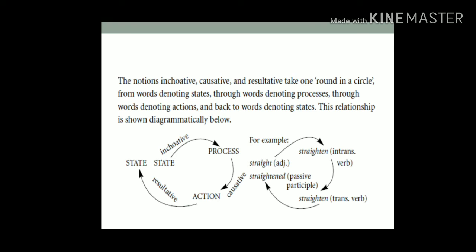This relationship is shown diagrammatically below. For example, straight as an adjective becomes straighten, changing into an intransitive verb, and changes again into straighten as a transitive verb, and back to straightened as an adjective. So we start from inchoative, go through the causative, and take the action to the resultative, into the state again.